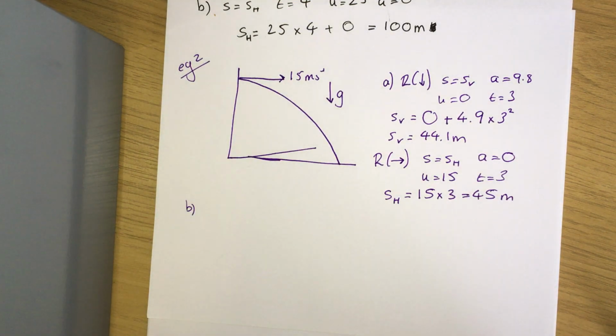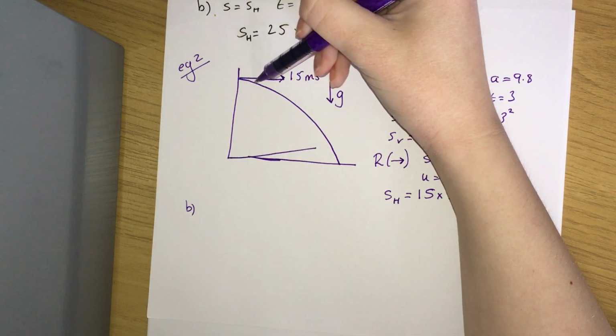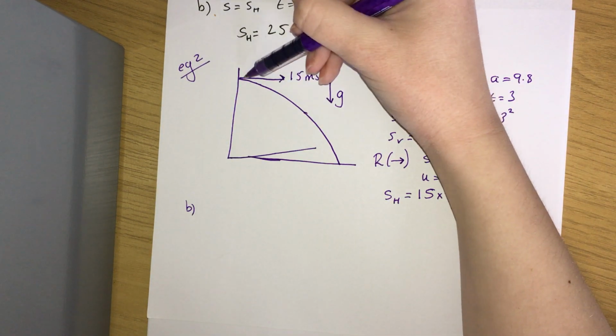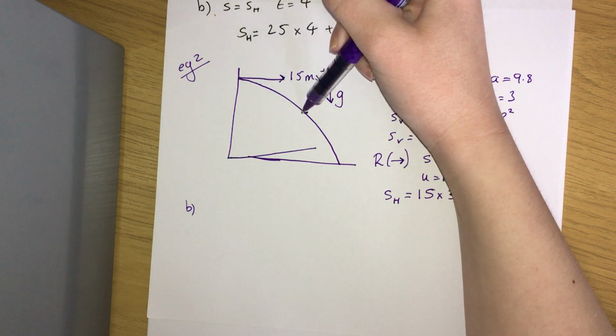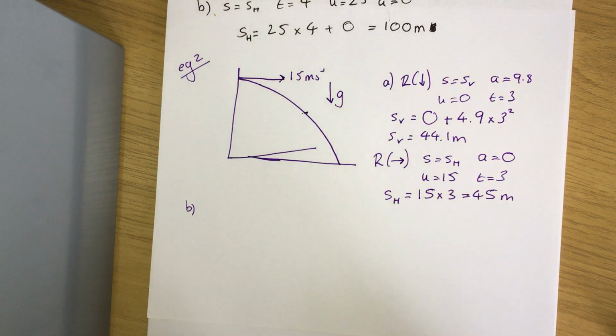Okay, B. Find the distance of the particle from the point of projection after 3 seconds. So what that means is literally where on this curve, if I was to take a direct distance, where would it be at the point 3 seconds?